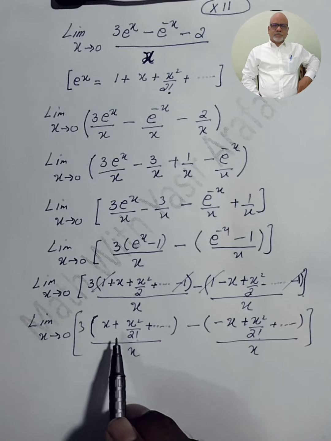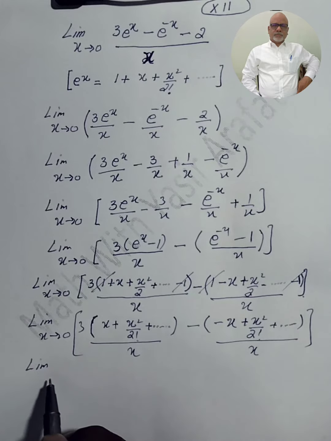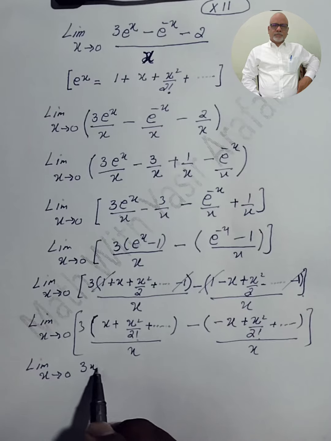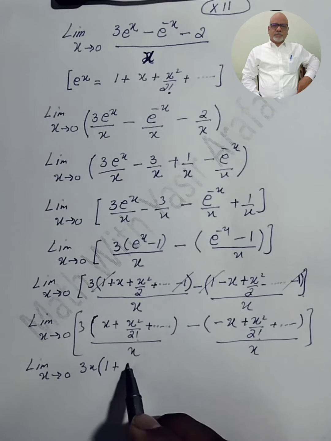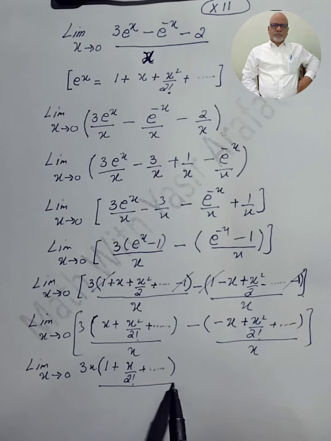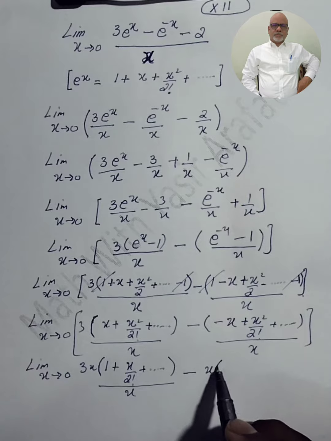Now we will just take out the x common from the numerator here. So this is x tends to 0. So this is 1, this is x square, it becomes x upon 2 factorial and so on, divided by x. Similarly here also we have to take out x common.